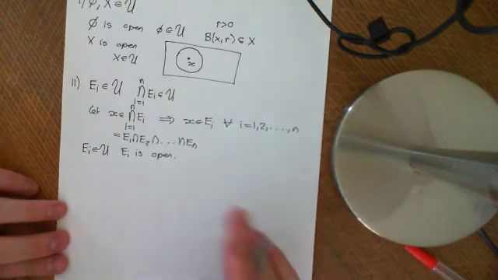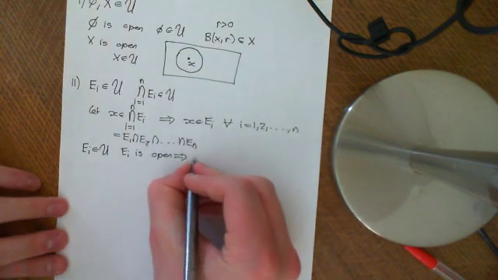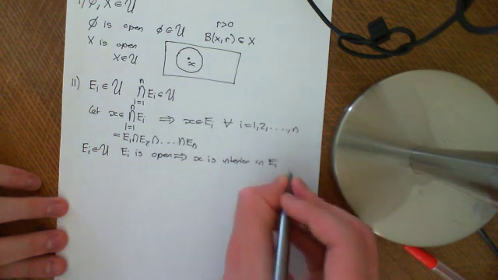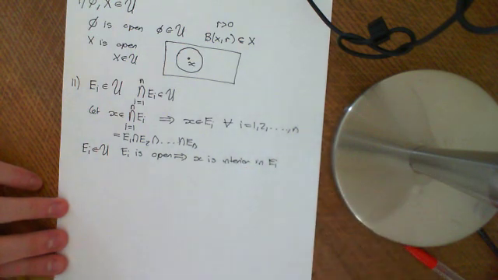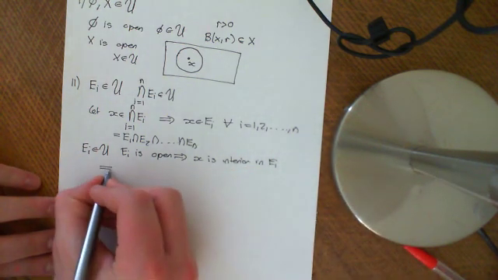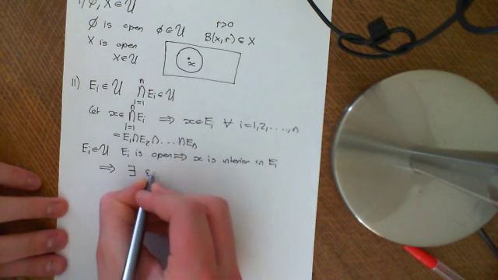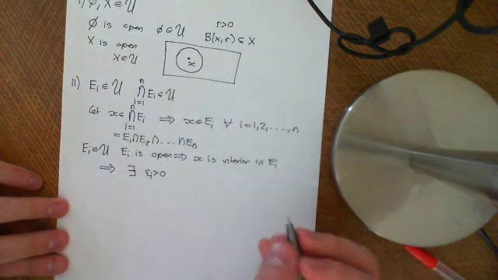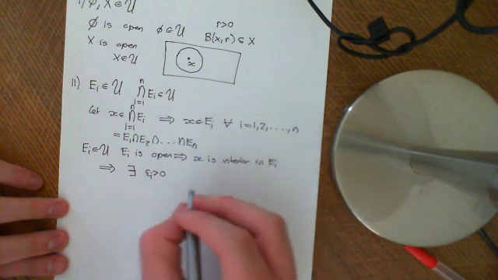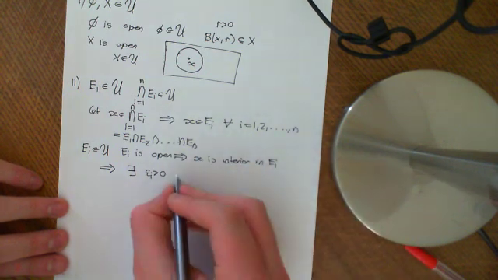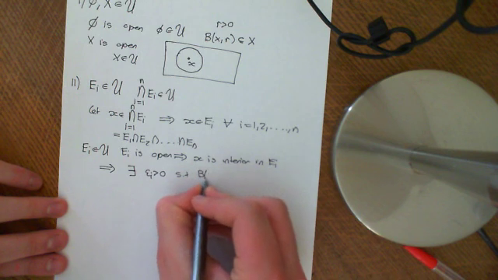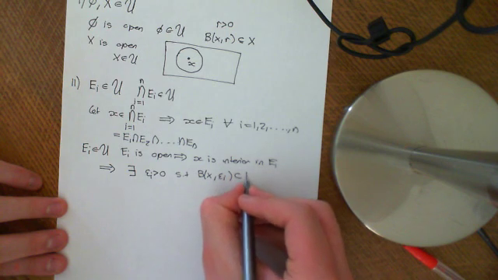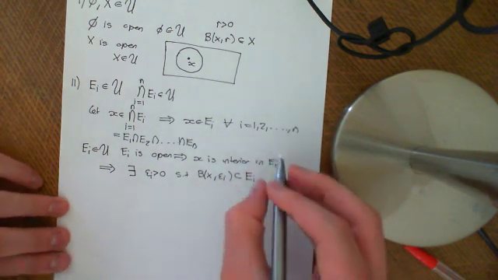So if E_i is open, that implies that x is interior in E_i for all i equals 1, 2, 3, etc., all the way up to n. Now this implies that there exists an epsilon greater than 0, and I'll say epsilon_i, which is dependent on i, because it's going to depend on which set you are in, such that the open ball centre x of radius epsilon_i is completely contained within E_i.